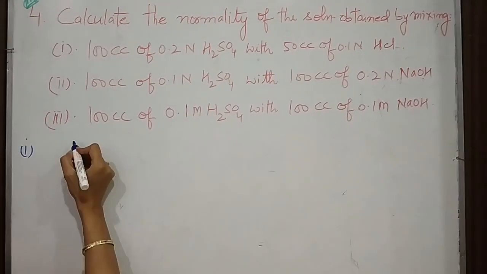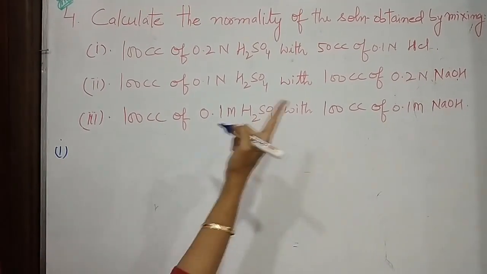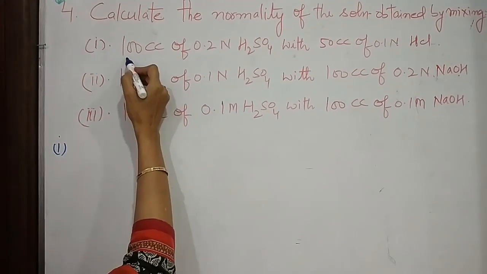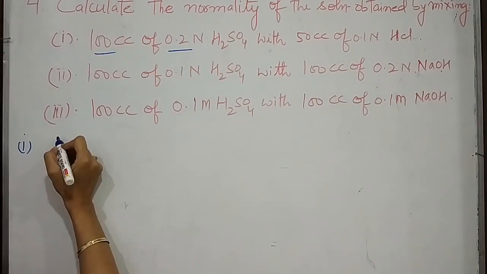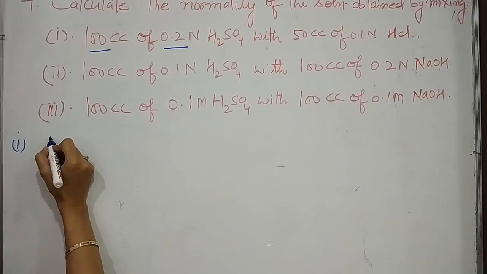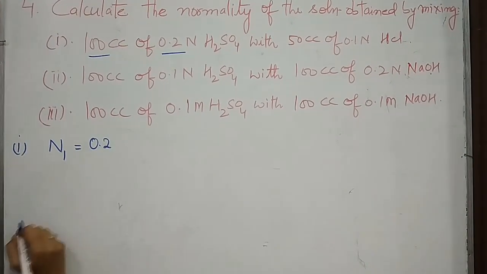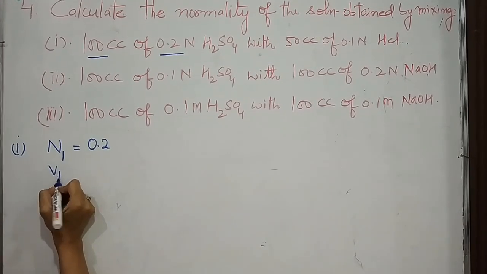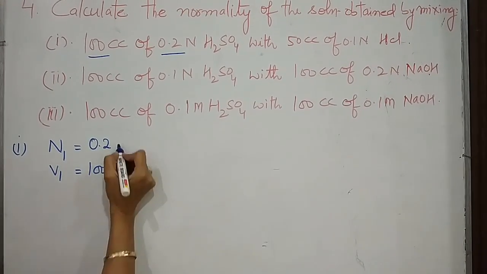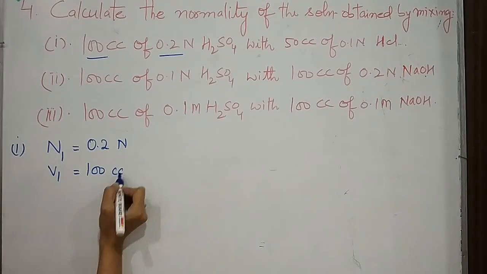One acid is H2SO4 and another is HCl. Suppose we take the first acid as 1, then we have normality N1 equal to 0.2 normal. Volume for this case is 100 cc. This is 0.2 normal, 100 cc.